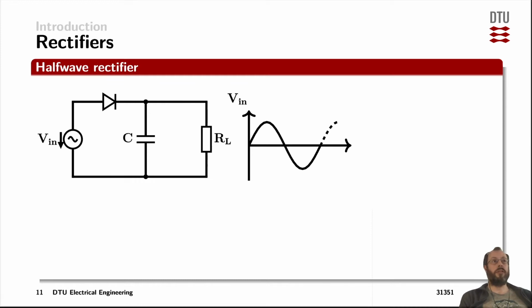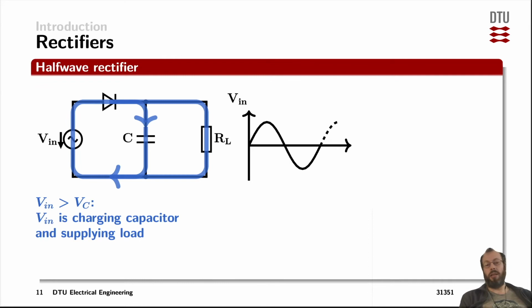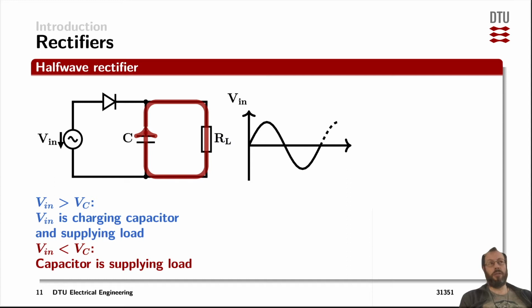So if the grid voltage looks like that, then the diode is conducting whenever the grid voltage is higher than the actual existing voltage in the capacitor at that very moment. And if the grid voltage is lower, so if we're getting closer to the zero voltage crossing of the sine wave here, then the capacitor would supply the load with the energy it needs.